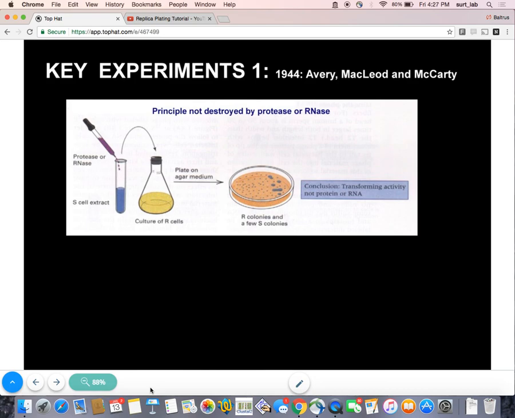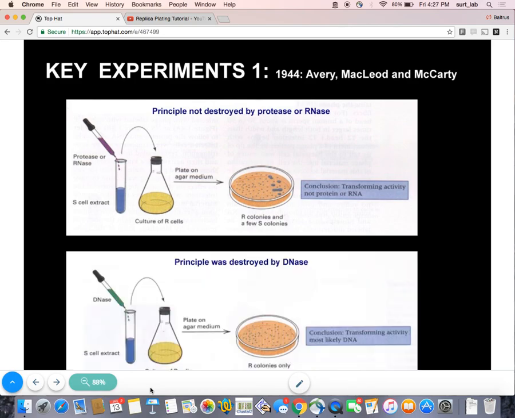Same thing with RNases. We knew what RNA was, and we had enzymes that eliminated RNA. So you can put the RNase into the heat-killed smooth cells, and you still got these smooth colonies showing up afterwards. The experimental progression here was by the process of elimination. Using these two well-known techniques, he couldn't eliminate the transforming principle.